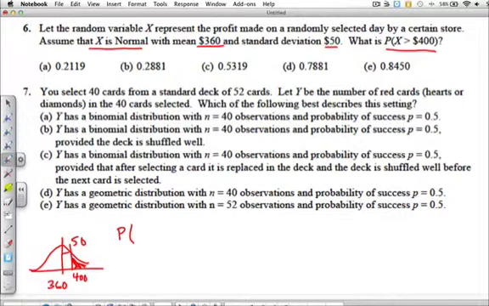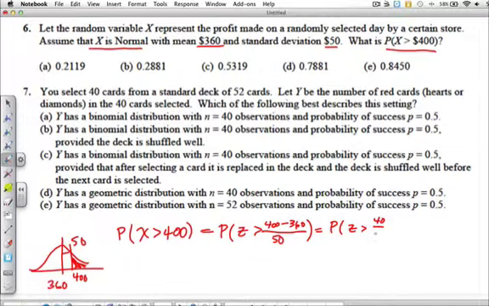So the probability that x is greater than 400 is equal to the probability that z is greater than (400 minus 360) divided by 50, or the probability that z is greater than 40 divided by 50. That's the probability that z is greater than 4/5, which is 0.8.